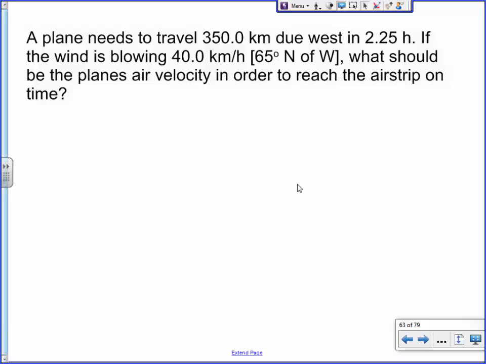So that's its distance in the, let's call it the x direction. And the time it has is 2.25 hours, which is 8,100 seconds. So far, so good. That's what it needs to accomplish.